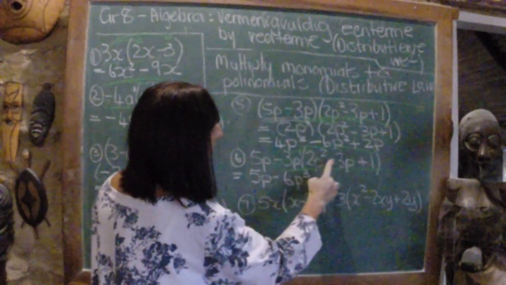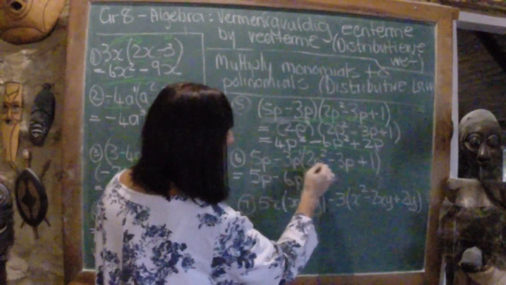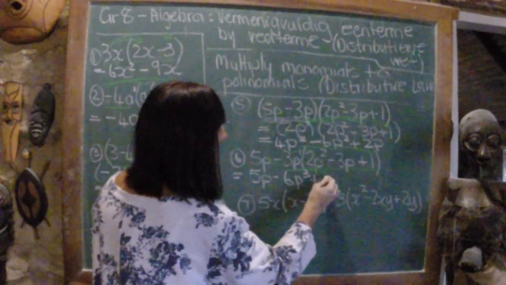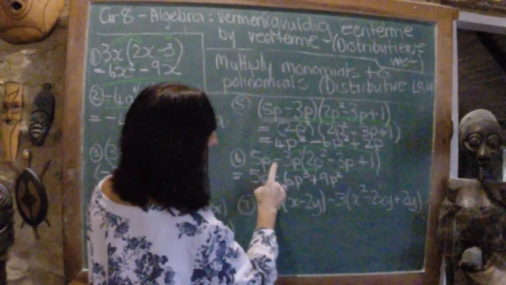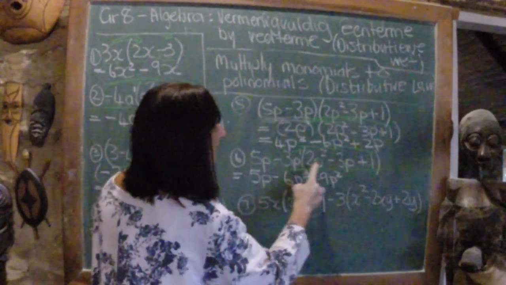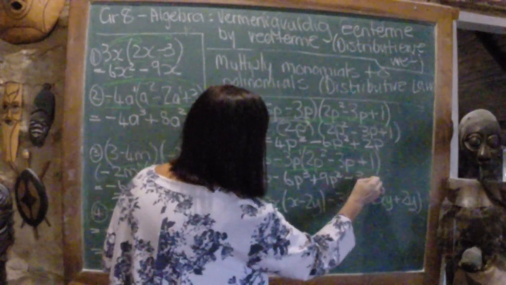Minus 3p maal minus 3p plus, because a minus times a minus is a plus, 9p squared. The last one, minus 3p maal met plus 1 is minus 3p.